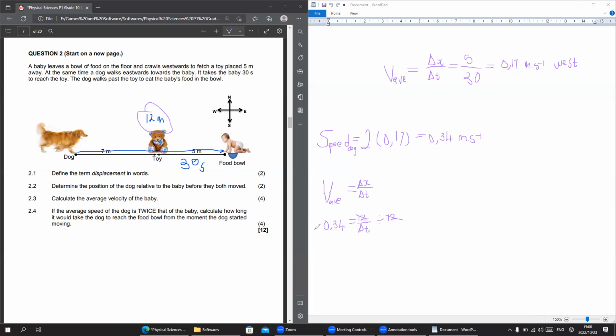And here you're going to divide by 12 also. Let me just undo that. I'm just going to put it in the form of a fraction. So on this side, you're going to have 1 over t.